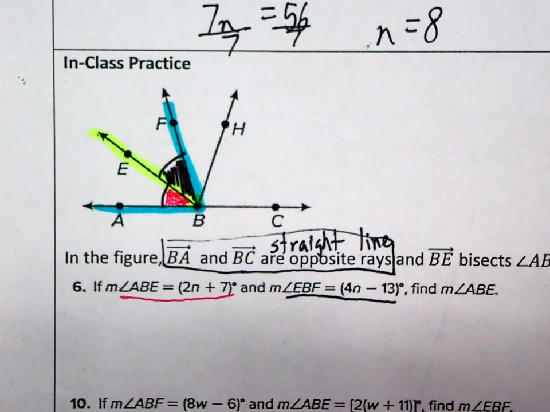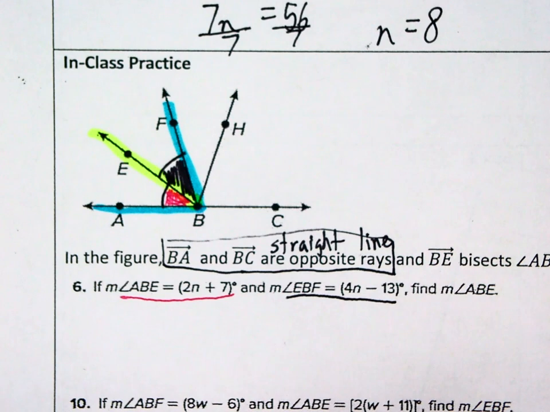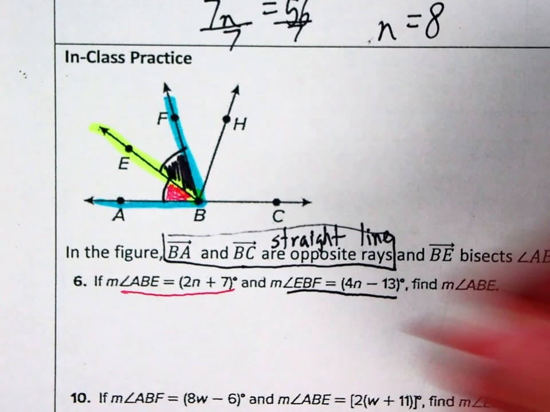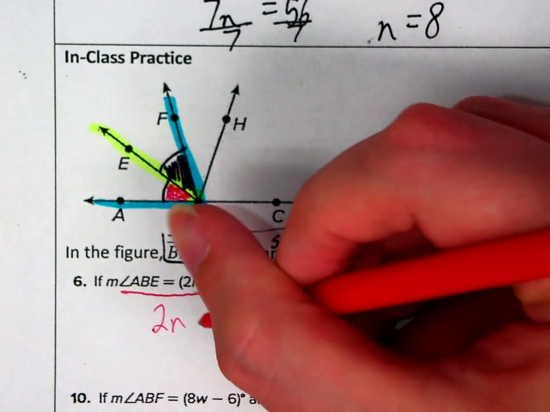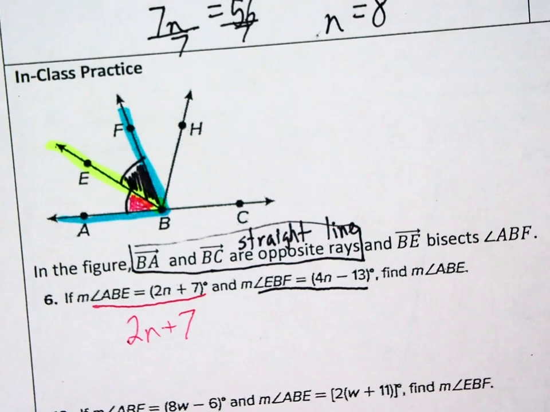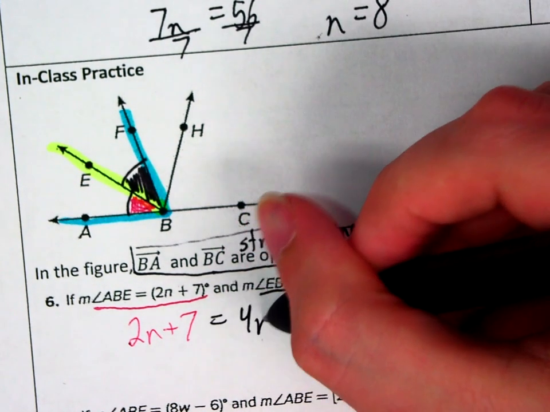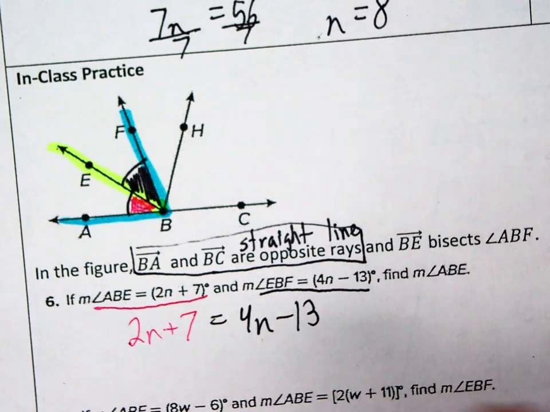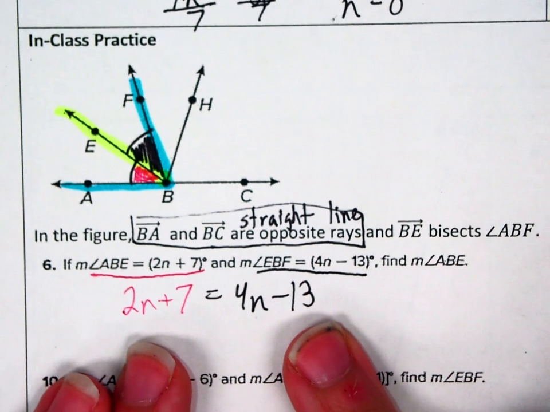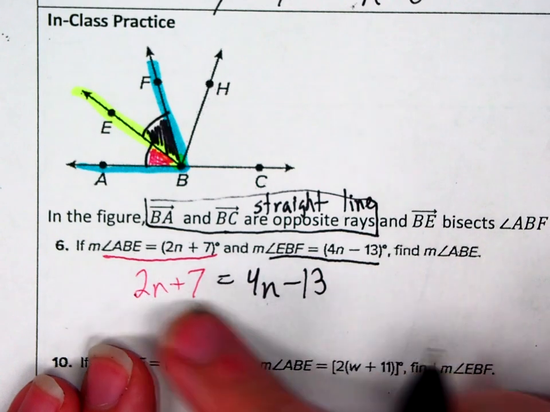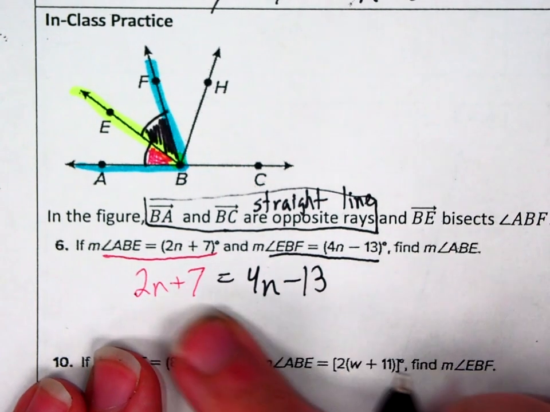Congruent means equal in measurement, in size, in angle degrees. We'll write that 2n plus 7 equals 4n minus 13, and we'll solve this by getting all of our variable terms to one side and all the constants to the other.